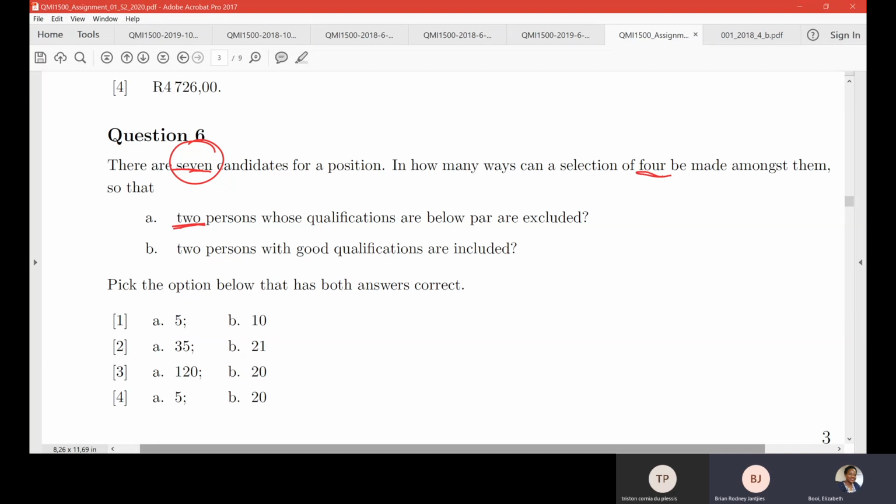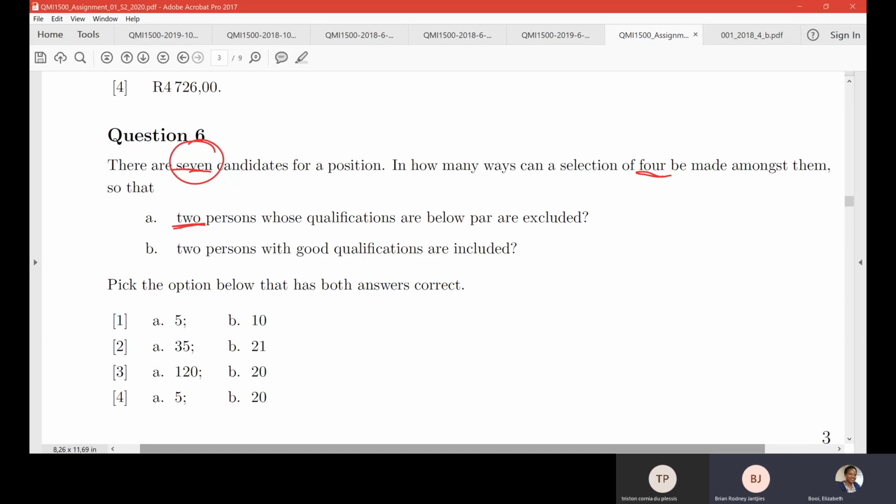Unless they link A and B together, make sure that since in A we have excluded the 2, therefore when you answer number 2, you also need to exclude the 2. That is the logic in terms of how you answer this, the combination or counting rules based on replacement and non-replacement.